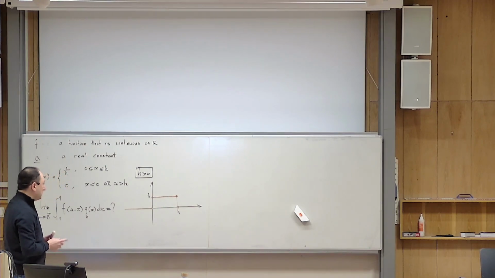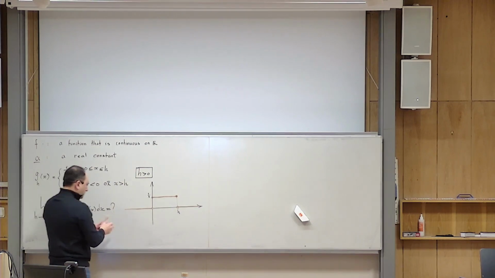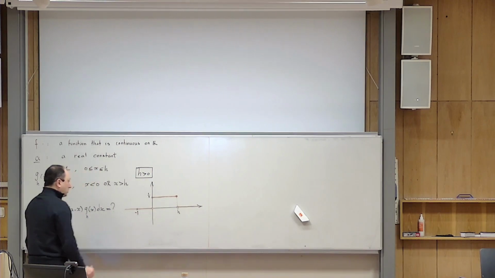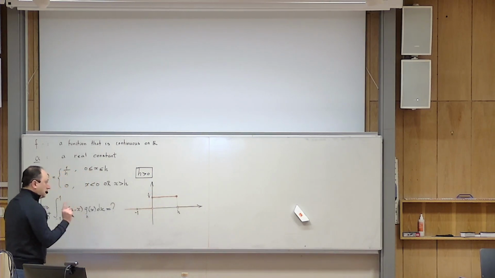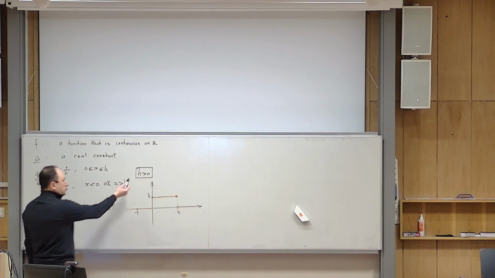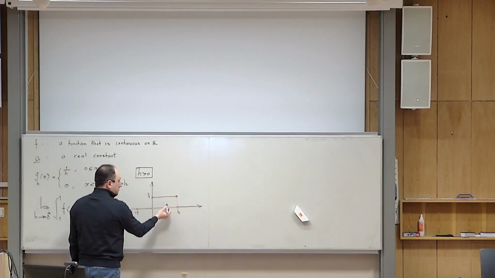Okay, and now we want to calculate this integral, starting from -1 up to 1. So -1 is somewhere here, for example. Okay, so I start from -1, I go up to 1. Here it is not clear where 1 is, because I don't know what h is. Might be h is larger than 1, so 1 should be somewhere here.